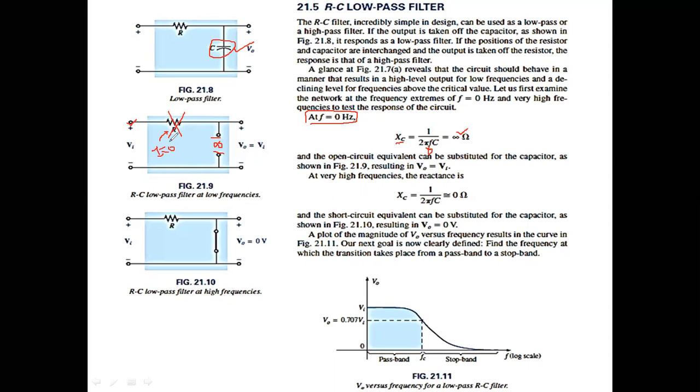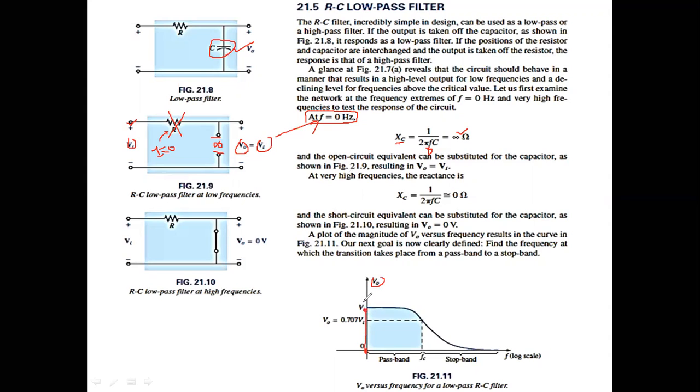As no current is flowing through the resistor, because it acts as an open circuit, the output voltage will be equal to the input voltage, means Vout is equal to Vin. That is the case for low frequencies. So look here, low frequencies means the output will be equal to the input.